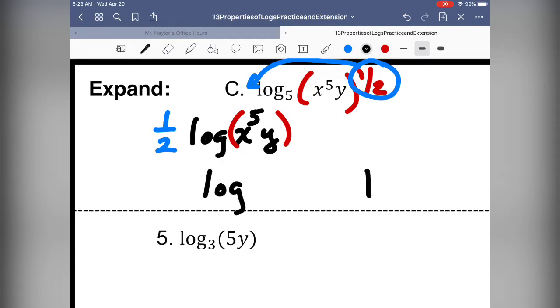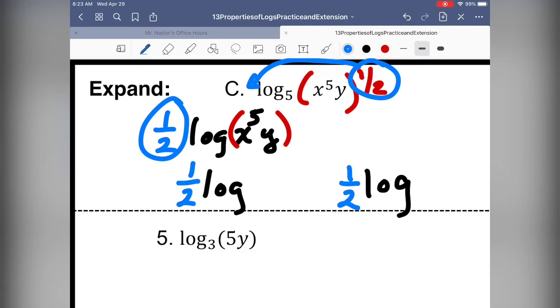If you would like, you can write the log twice, but understand that there was a 1/2 that, since it was in front of my original log, it actually has to be in front of both of these logs. I know that's a little bit trickier, but essentially the 1/2 from the very beginning was part of the whole problem, and so now it's part of both of these logs.